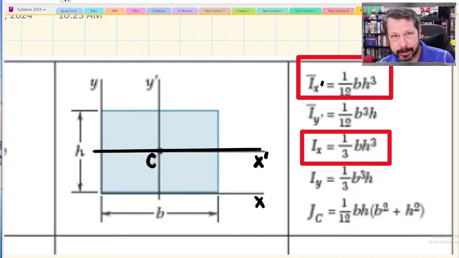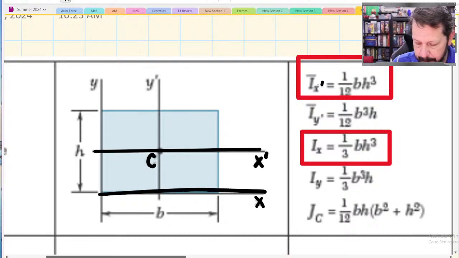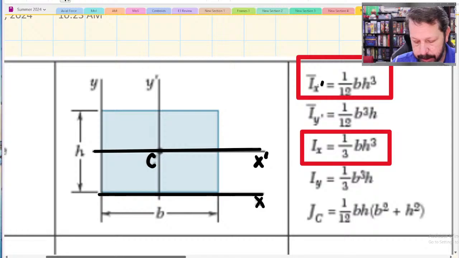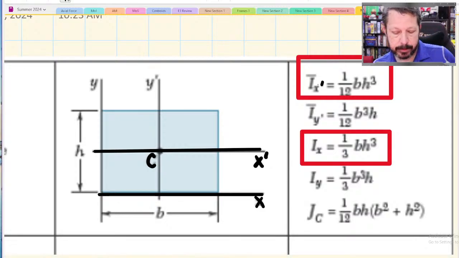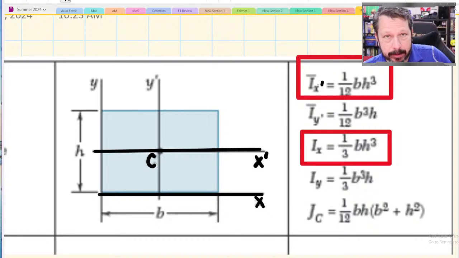Whatever axis goes through the centroid of your shape in your chart, that's the one you want to use for now, because we can use the parallel axis theorem on that axis. We cannot use it on some other axis. Basically, like this x-axis at the bottom of the shape, it has already had the parallel axis theorem applied to it, so you can't do it again.